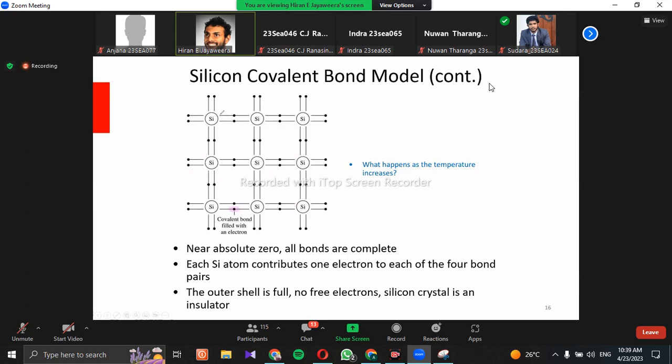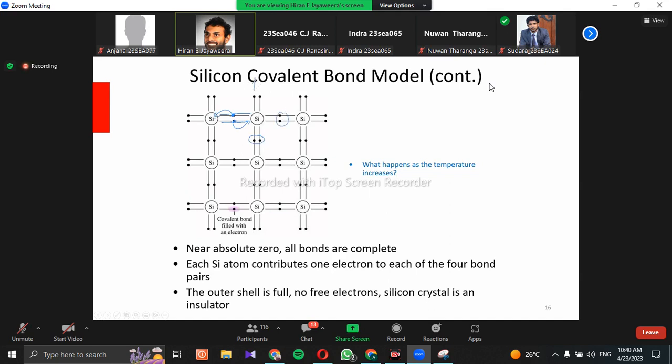Now these lines are representing covalent bonds. When you look at this one, this electron could be coming from this silicon, and this electron could be coming from this silicon. So basically, because of this covalent bond, these 2 electrons are shared by both. So this one also the same, this one also the same, right?